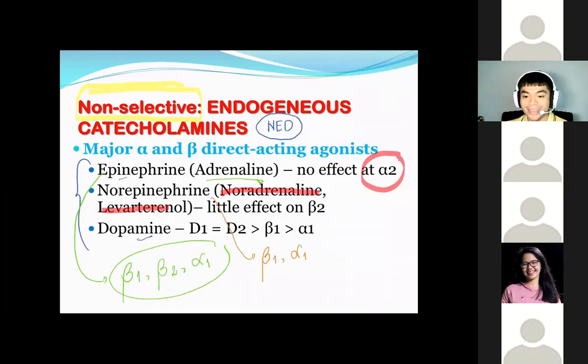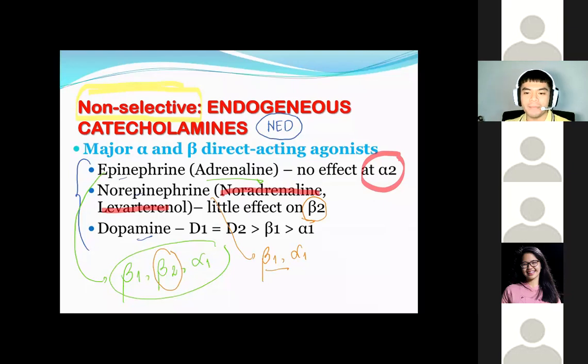So yung data na nakalagay dyan na little effect on beta 2, somehow, it was compared to epinephrine. As manifested, epinephrine as compared to norepinephrine can target beta 2. Nagets ba yung sinasabi ko? Yes po. Okay, so good.